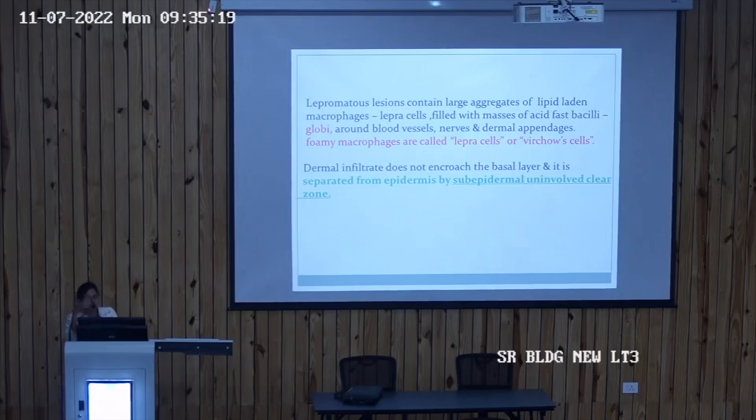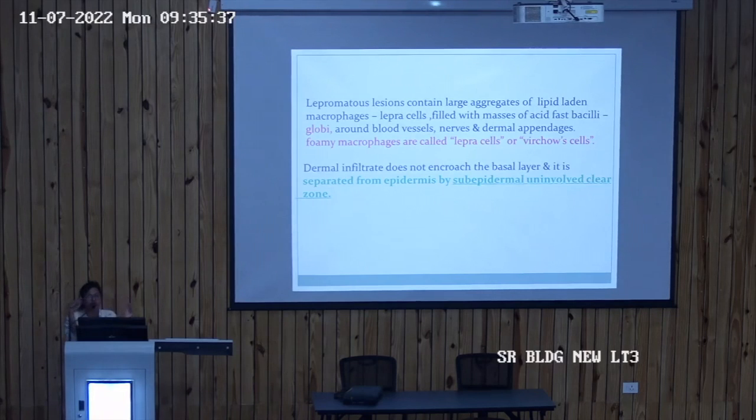So there are lots and lots of bacilli in lepromatous leprosy because of the poor host immune response. Okay, and the dermal infiltrate does not encroach the basal layer of the epidermis. So there is a clear subepidermal zone between the epidermis and the dermis.